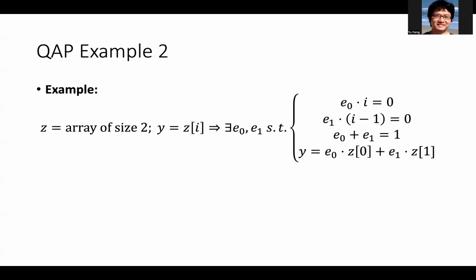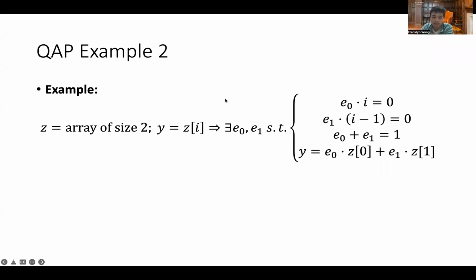So in this case, when you specify the equation on the right-hand side, don't you need to specify the range of I as a constraint? Right now, you're assuming that I is going to be greater than 0 and less than 2, right? That's a very good point. Yes. So here, if I is not between 0 and 1, this equivalence is false.